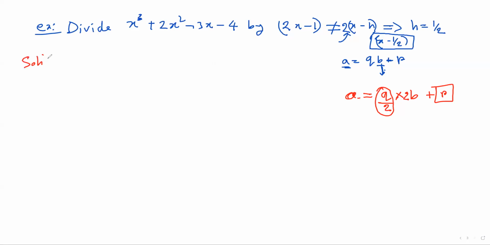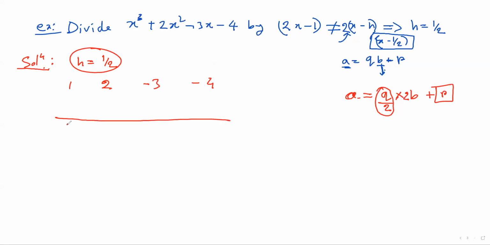So the solution goes like this. The coefficients are 1, 2, -3, -4, and we are using h equals half as we are trying to divide by x minus half, right? 1 comes directly here, then multiply 1 by half to get half here. 2 and half is 5 by 2.